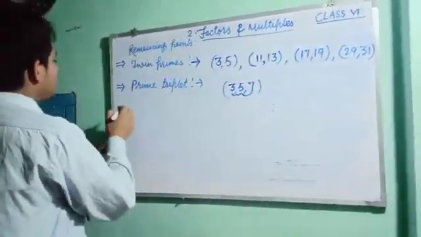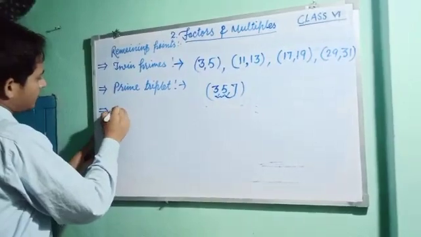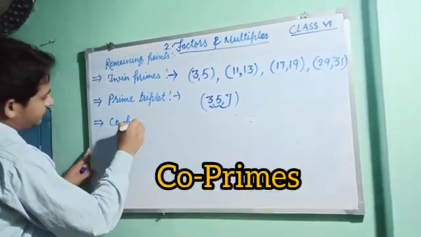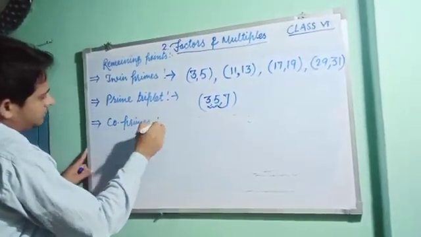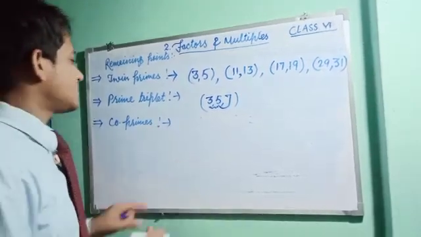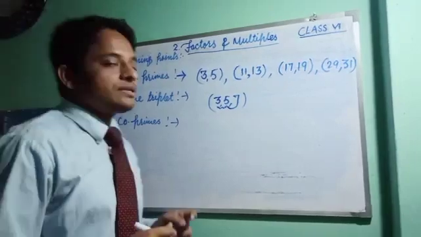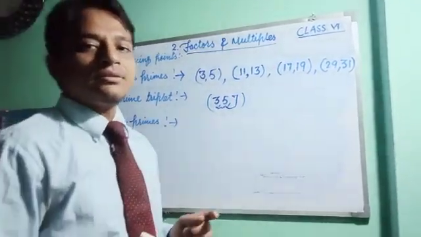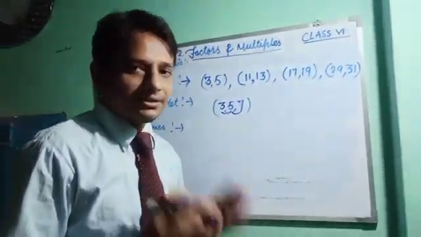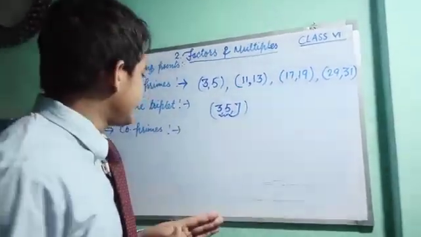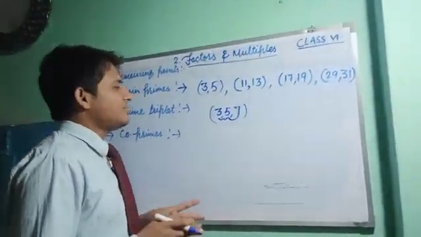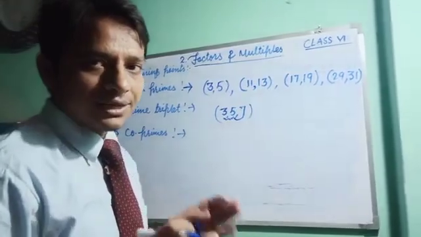Okay, now move to the next point, co-primes. What about the co-primes? Two numbers having no common factor other than 1. I repeat, two numbers having no common factor other than 1.